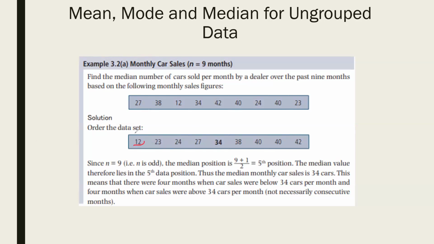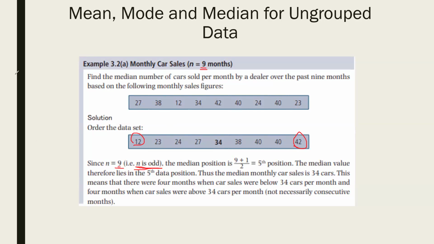The smallest value is 12 and the maximum value is 42. Now, the next thing we want to check is whether n is odd or even. What is 9? Is 9 divisible by 2? No. So n is odd, because 9 is not divisible by 2.